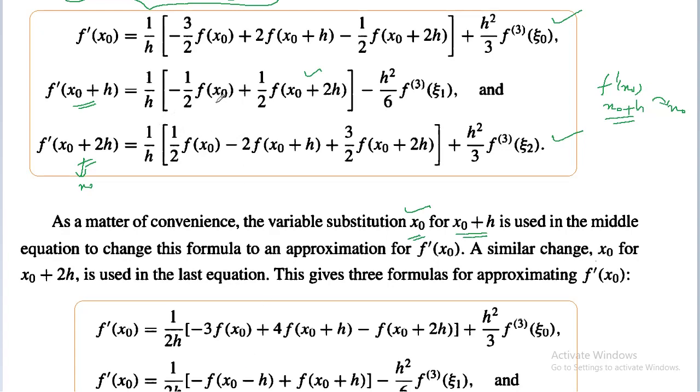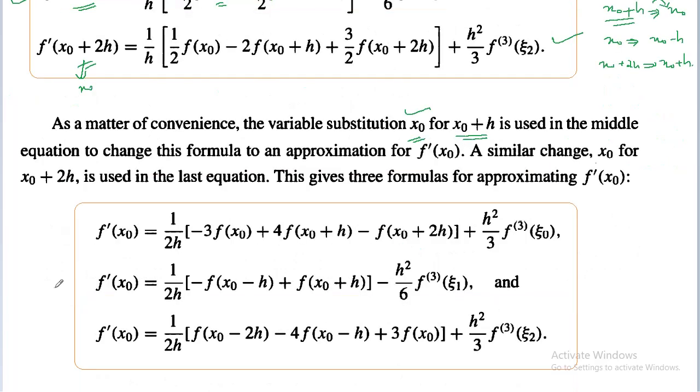Then x0 changes to x0 minus h, and x0 plus 2h changes to x0 plus h. So the second formula will be transformed into this formula.